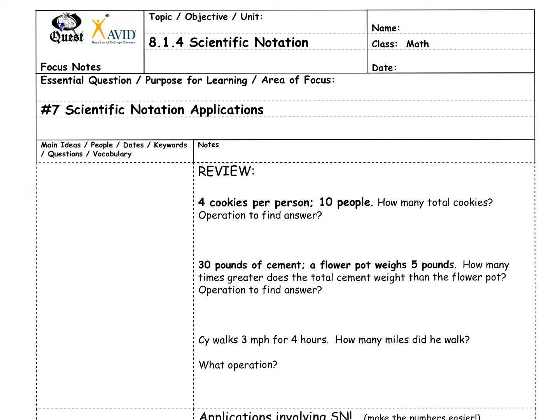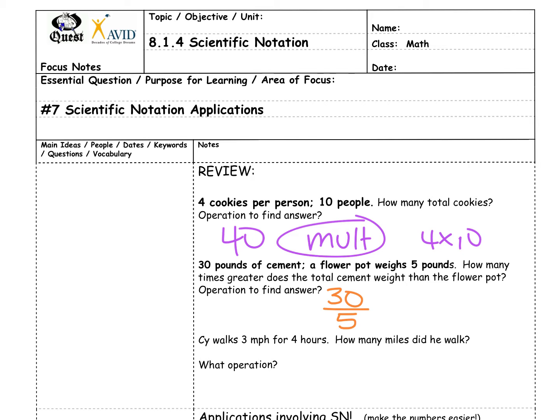I know that if I have 4 cookies a person and 10 people, I need 40 cookies because I had to multiply 4 times 10. I know 30 pounds of cement versus a pot that's 5 pounds. How many times greater? Well, 30 divided by 5 would be 6 times greater.